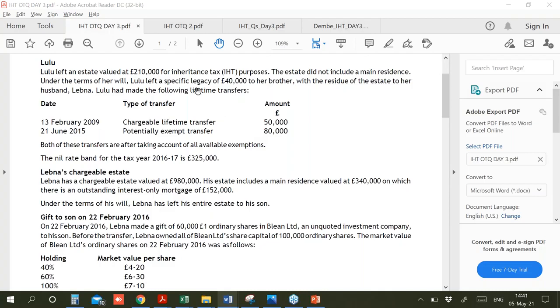So you tell me, out of these, she has gifted 40,000 of a legacy to her brother, then a 50,000 chargeable lifetime transfer, and an 80,000 potentially exempt transfer. You tell me which amounts I shall use in calculating the NRB left for Lulu. Which amount, guys?